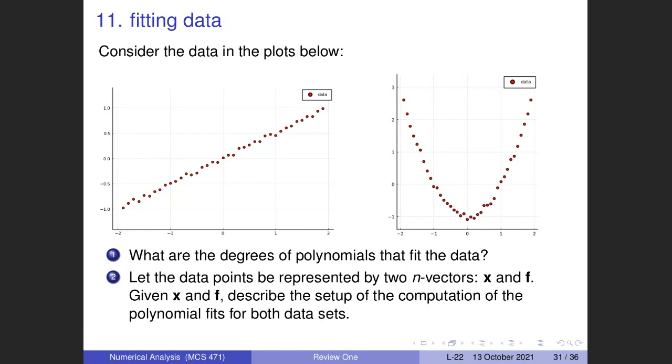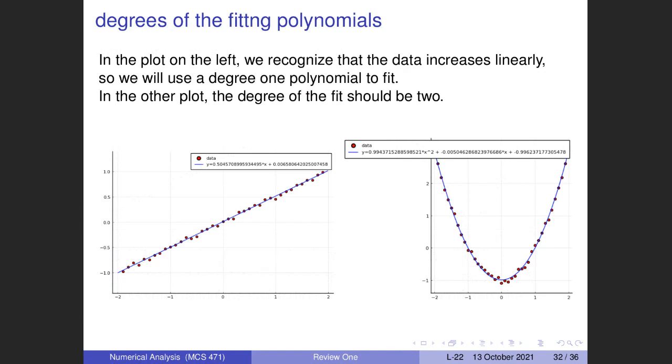The right fit, the best fit might be a quadratic fit. So the question is to define the setup. So this is the answer here. So also the answer is given with the fit. So the blue line goes approximately through the red points.